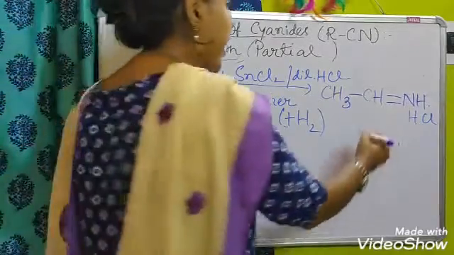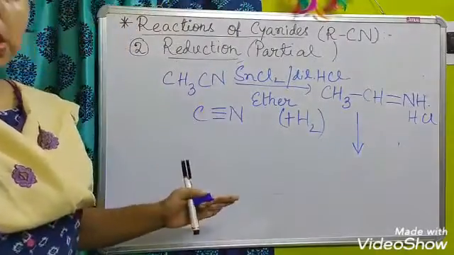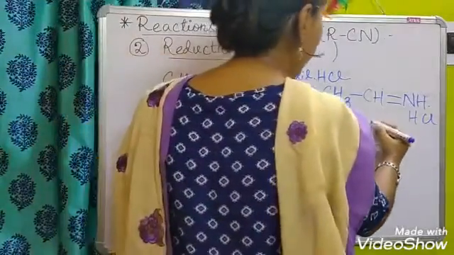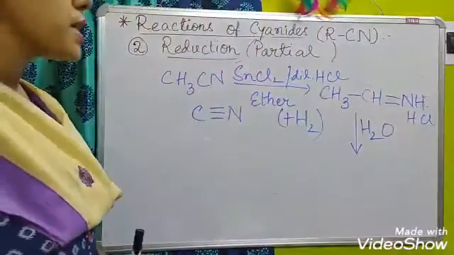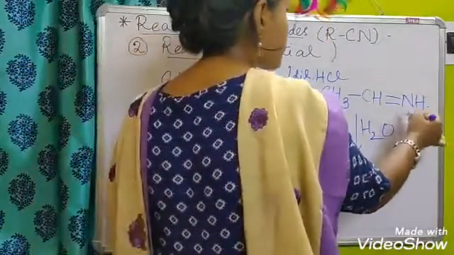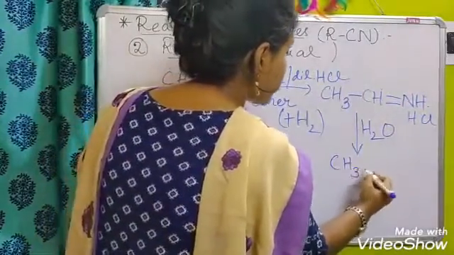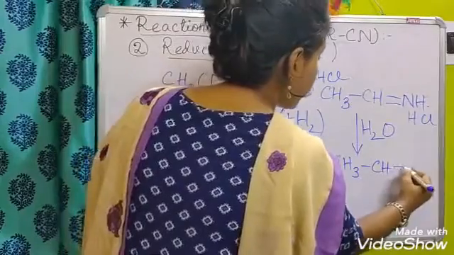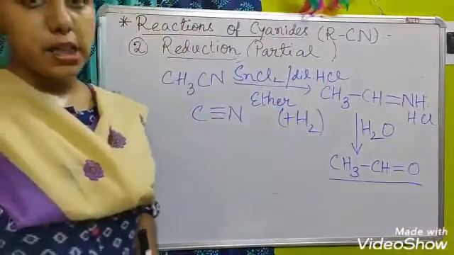Okay, so after that we have to do hydrolysis here. That means water molecule you have to add, H2O. Okay, so after hydrolysis what will happen? So this part will be hydrolyzed and the resultant product will be acetaldehyde.